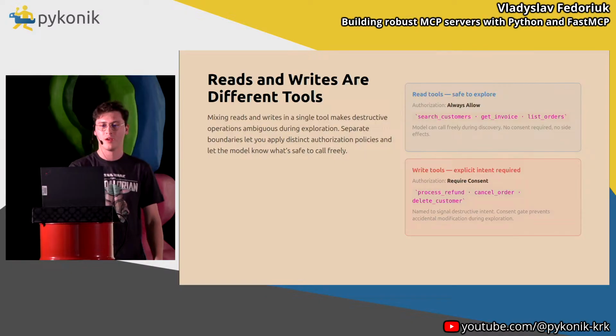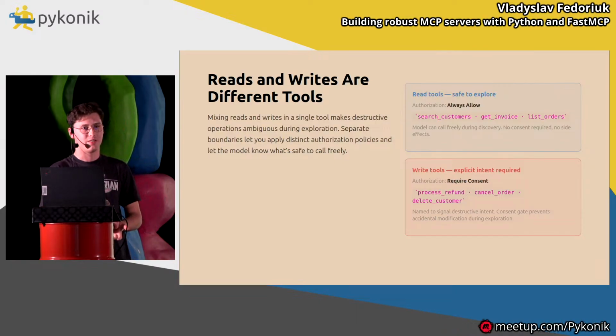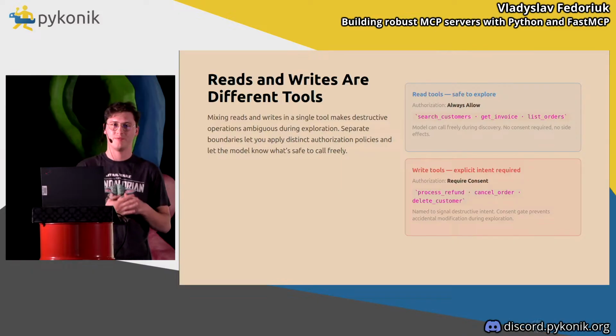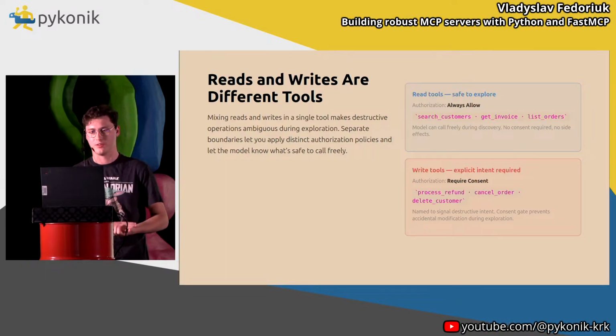And another thing, you should separate your reads and writes, and there are a lot of reasons to do so. First of all, you can use FastMCP annotations in order to annotate which tools are read-only, idempotent, or destructive.